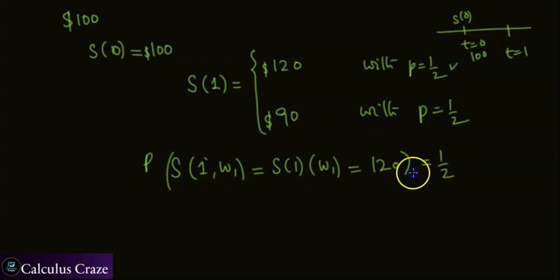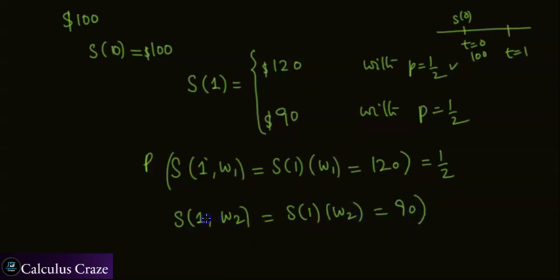Or one can also say that my stock at time 1 can be $90, and this event has probability 1/2, right? So that's how my S of 1 could be.